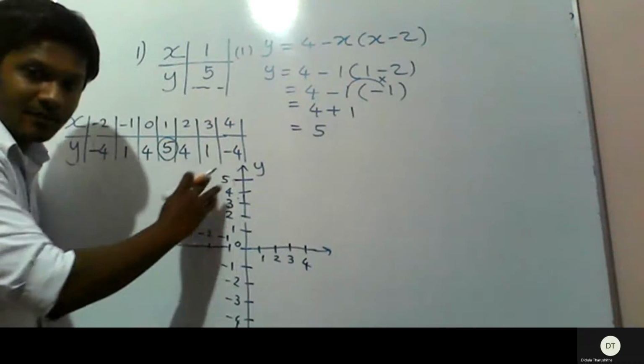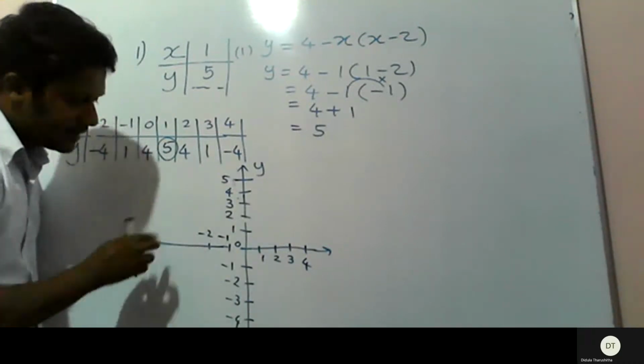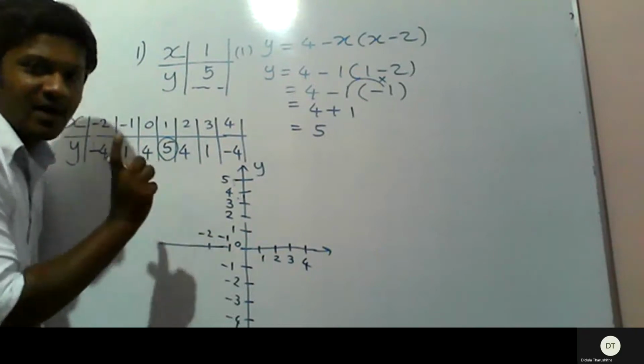Right. Now you can mark the coordinates on the Cartesian plane. 10 small divisions as 1 unit, right?